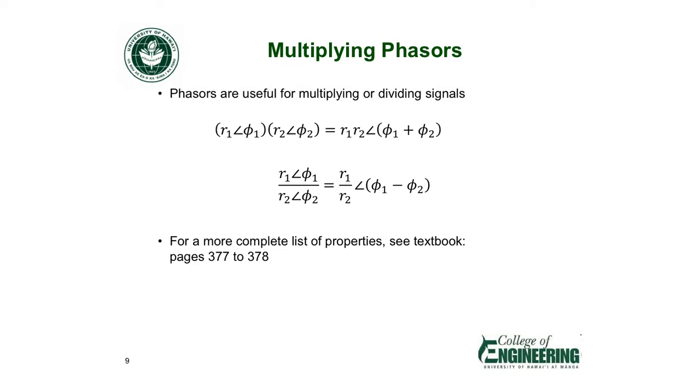So if you're doing multiplication or division, starting from the phasor representation, you don't have to convert to the complex number form. There's more operations that we can do besides addition, subtraction, multiplication, and division. I'm not going to go over all of them. Your textbook has some more examples of that.